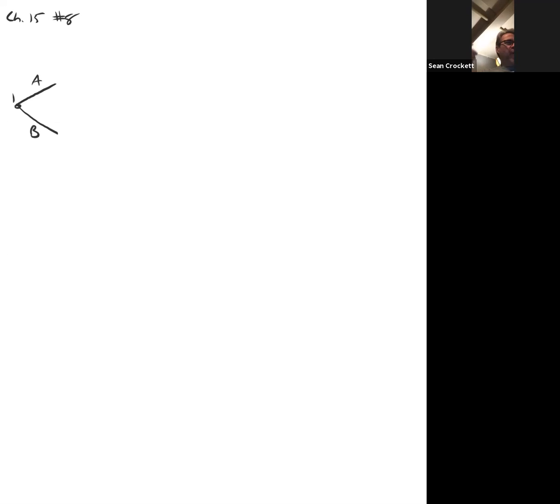So here's where, if I ask you to put this game into the extensive form, this is a chapter 2 question, but it's also a chapter 15 question. A or B, it's a simultaneous move game, so we have to have a dashed line there, and then player two also picks A or B. If they both pick A, it's over.